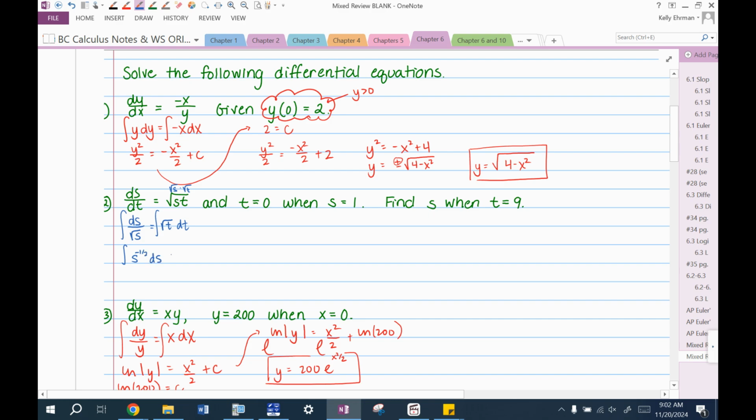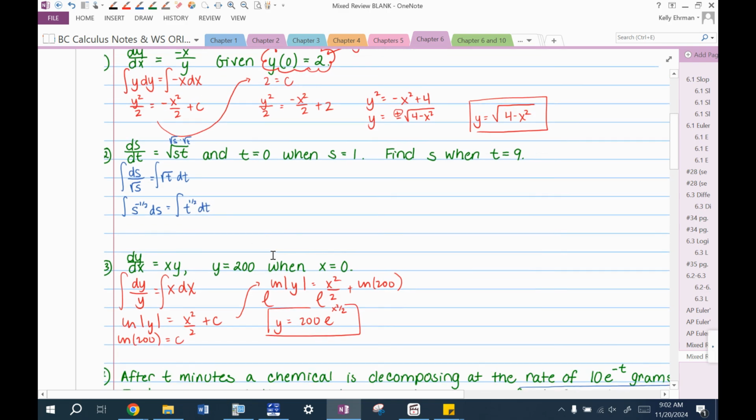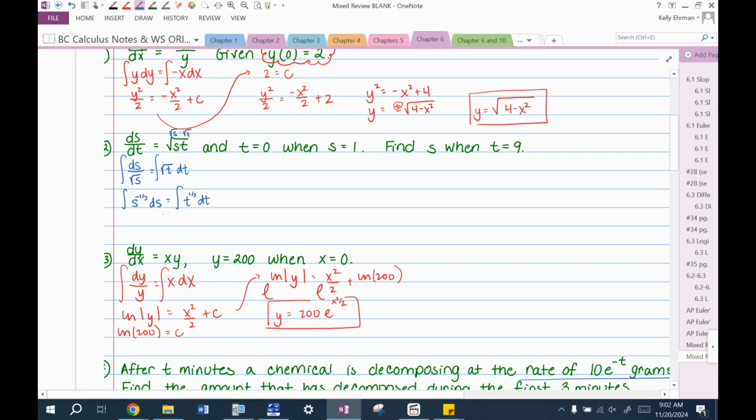That's not required, but if it helps your brain integrate correctly, then by all means do that. So I'm changing those to exponents. All right, and then I'm going to integrate up here. So when I add 1 to my exponent, I get s to the 1/2 divided by 1/2, or I'm just going to say times 2. When I add 1 to 1/2, I get t to the 3/2 divided by 3/2, or times 2/3, plus c.